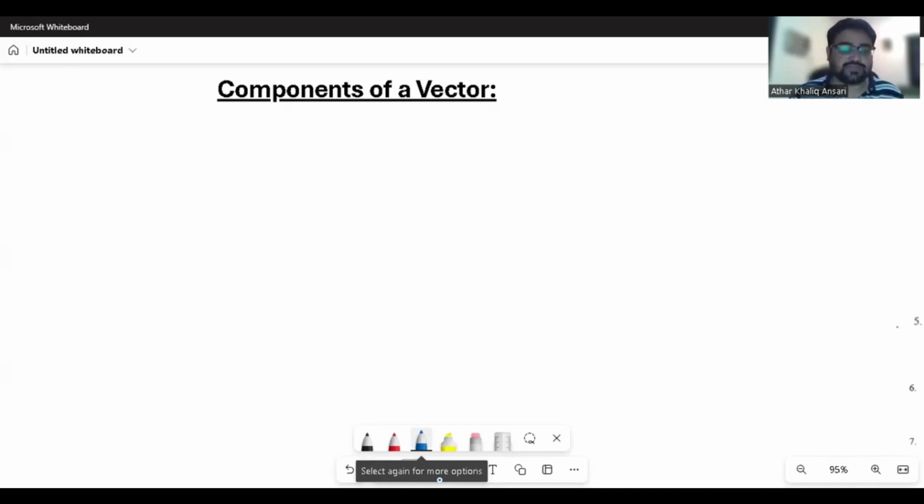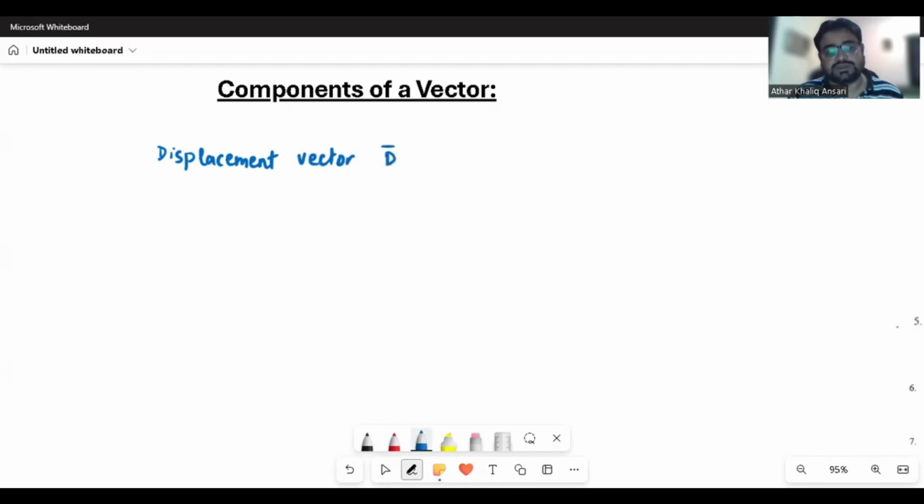Like if there is a displacement of 50 kilometer, we will draw the displacement vector, which may be represented by, let's say, d, and I can say this is 50 kilometer to the east.